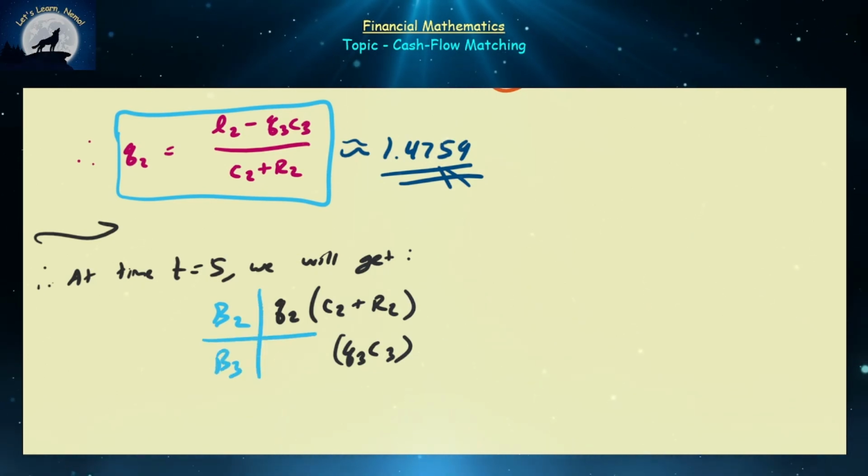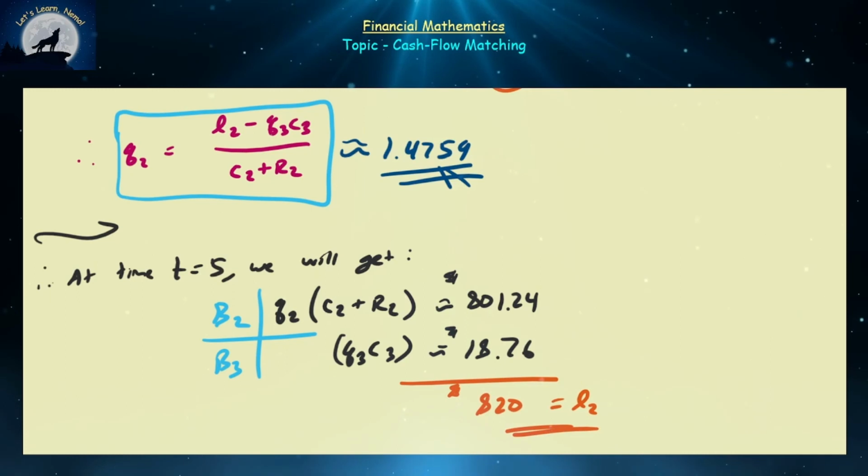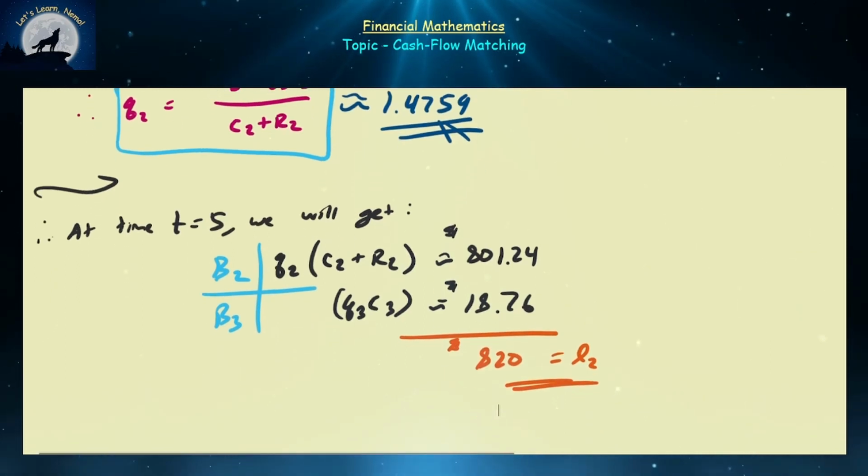So once you do these calculations, this is going to come out to approximately $801.24. And this is going to be, again, $18.76. And take a guess of what you get when you add these numbers. You're going to get $820, which, in case you don't remember, is the size of liability L2.